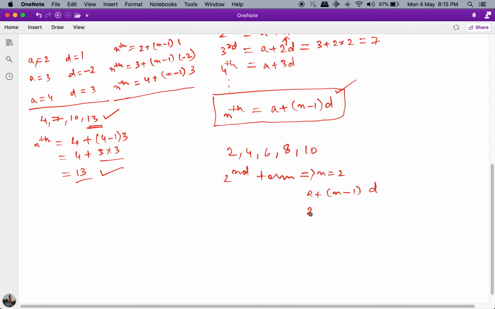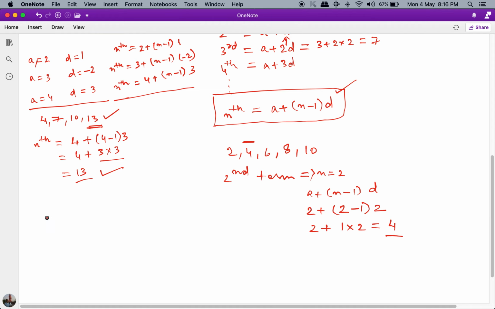The value of A is 2 because the series begins at 2. You want me to find the second term, so n is equal to 2 minus 1 into common difference. This is also 2. So it will be 2 plus 2 minus 1, which is 1, into 2, which is equal to 4. And I can see here that the second term of the AP is 4.